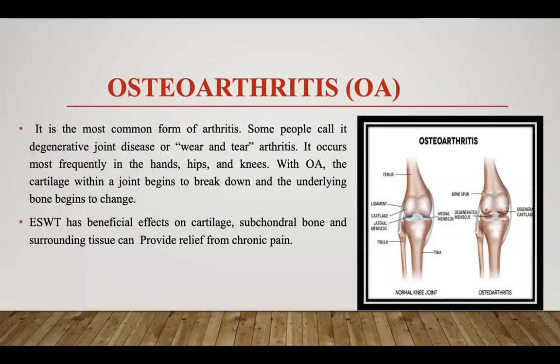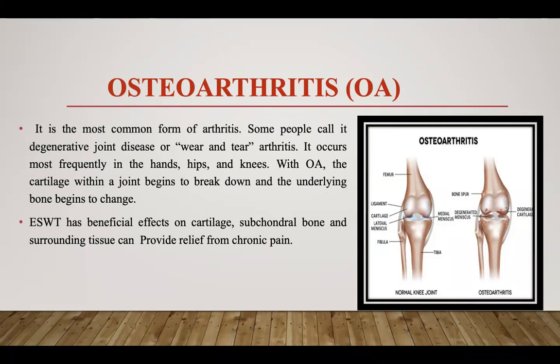Osteoarthritis is the most common form of arthritis. Some people call it degenerative joint disease or wear and tear arthritis. It occurs most frequently in the hands, hips, and knees.